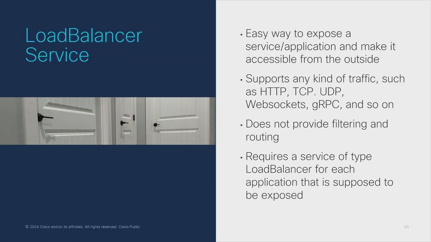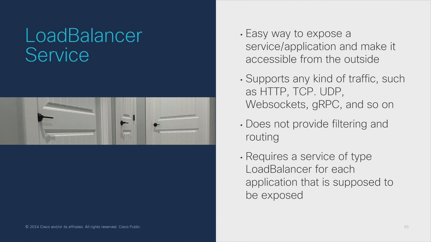The next concept is the load balancer service, and this is one way to expose a service to the outside world. You can think of it as a hallway in your home that gives you access to the various rooms you have. What is super nice about the load balancer service is that it's a very standard way, so it's rather simple to set up. It also supports all traffic, but just as everything that has upsides, it also comes with some downsides.